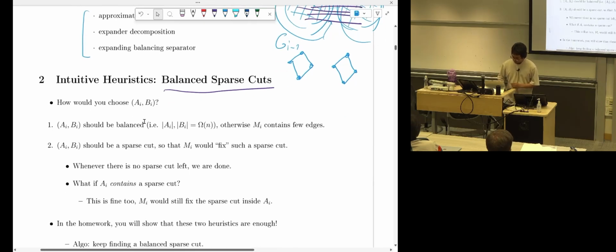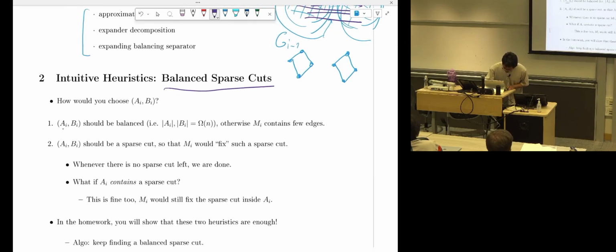So first it should be balanced. Next, maybe it should be a sparse cut, because M_i, the matching that crosses A_i and B_i, would fix such a sparse cut. The idea is that once there's no sparse cut left, we are done.